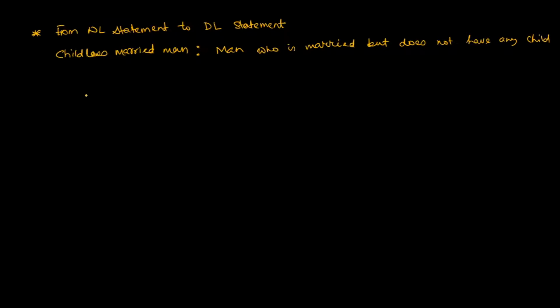So the class that we are defining is childless married man, and we are making this equivalent to male and has spouse, has at least one spouse, and does not have a child.